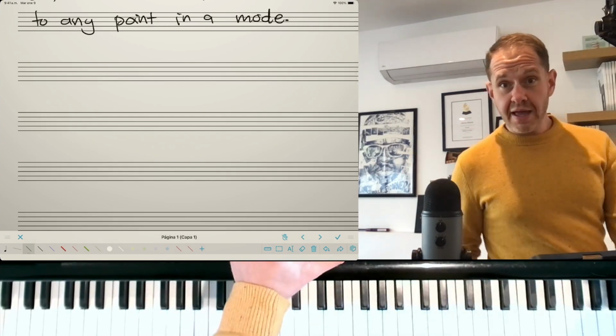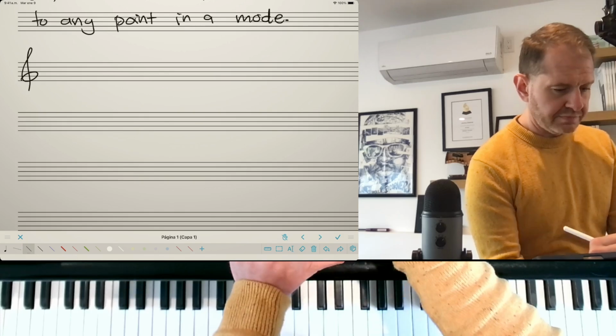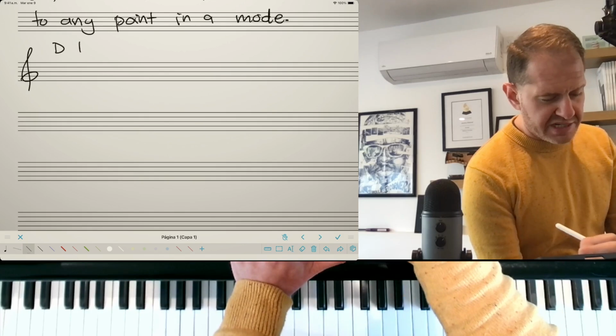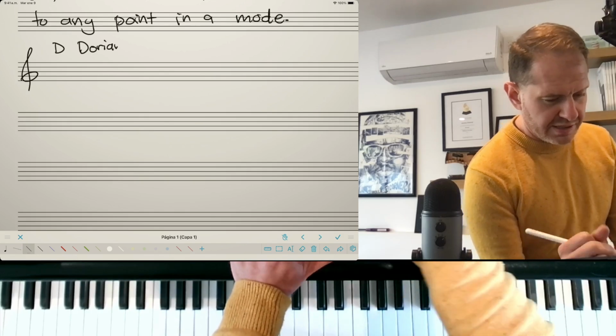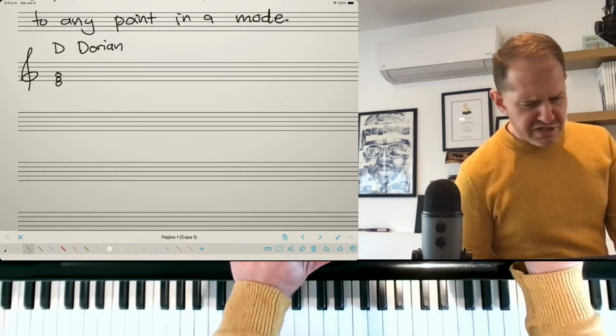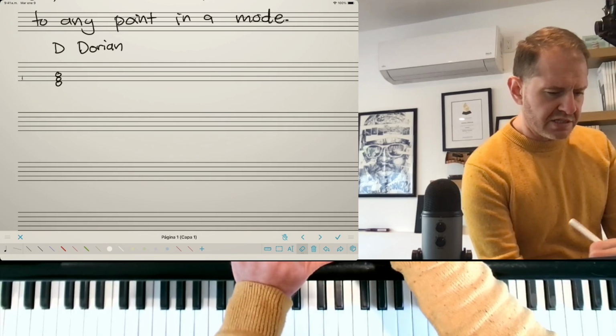That's going to form a root position triad. So heck, let's do it in D Dorian classic mode. So in that case, we're going to get a set of modal voicings. And I could write these in treble clef, I could write them in bass clef. Maybe it's more responsible to write them in bass clef.